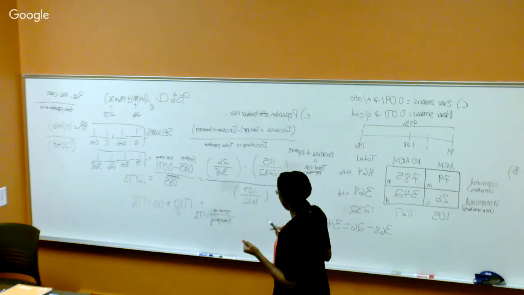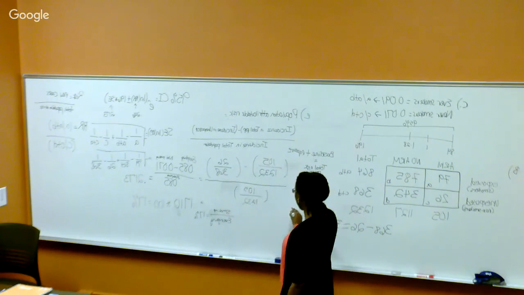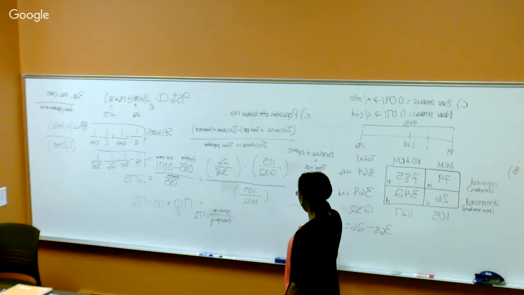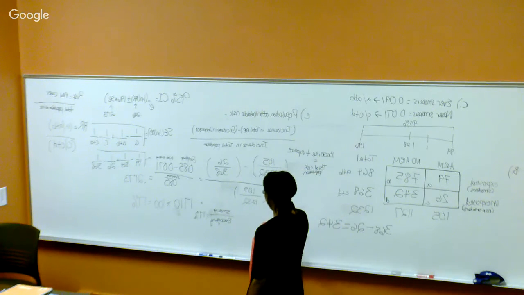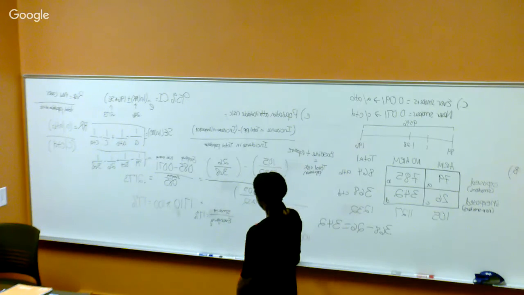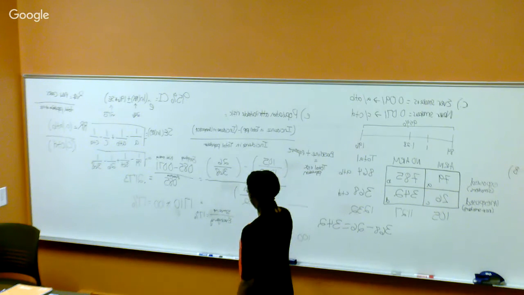I mean, think about it like if you had, let's say, a group of 100 cases of something, and you said, okay, I know that 60 of them are due to smoking, and then the other 40 are due to other causes.